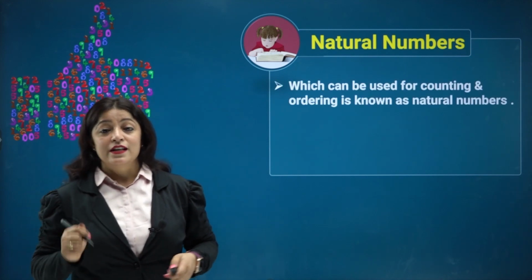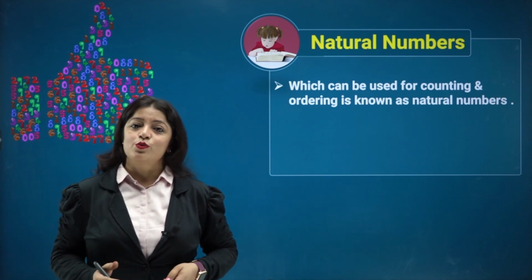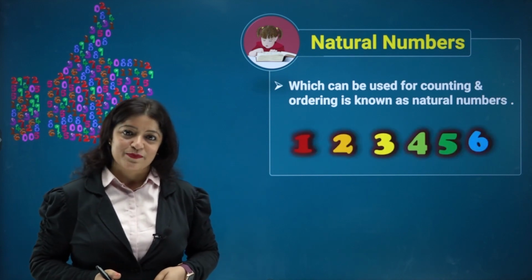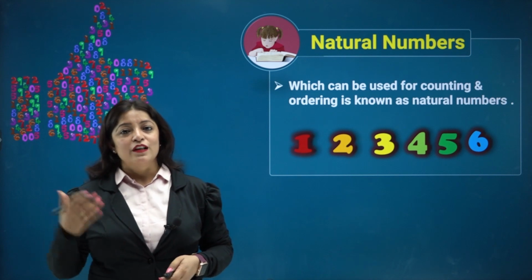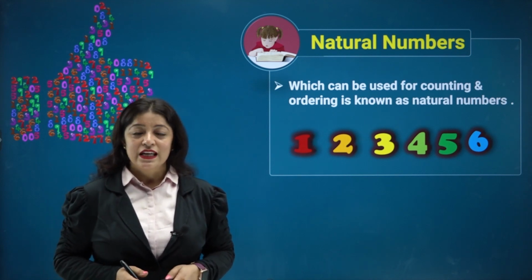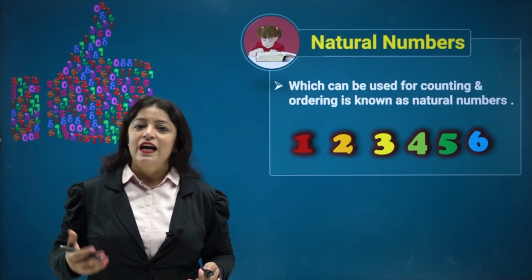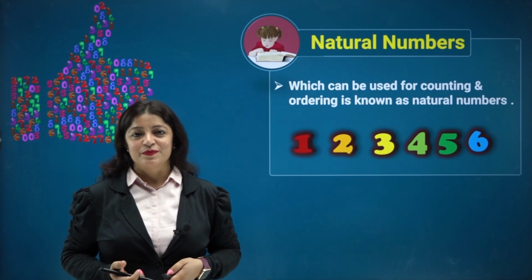So we can say the numbers which can be used for counting and ordering are known as natural numbers, for example, the numbers starting from 1. In general, we can define natural numbers as a collection of numbers which starts from 1 and continues till infinity.